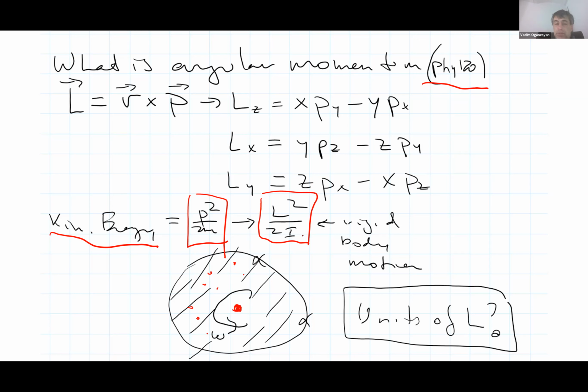And then one starts making analogies: the quantity that keeps track of how much motion there is, just like there's a momentum, there's an angular momentum. So this is just reminding you how angular momentum shows up in Physics 120.